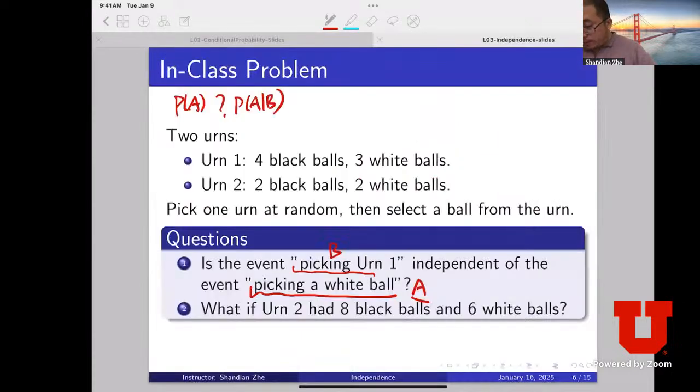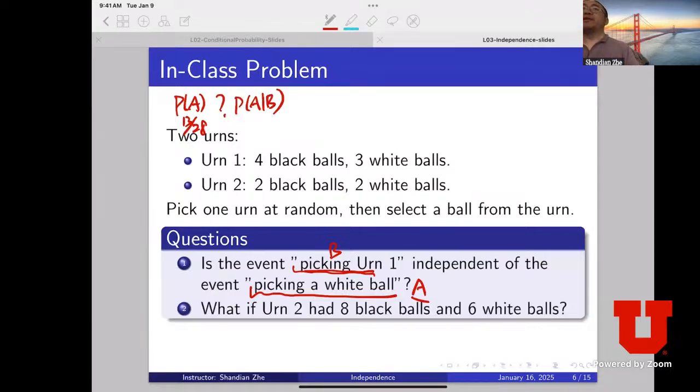So let's just jot down 13 over 28. Then we need to check what is the conditional probability of A given B. B means that I pick N1. So conditional probability of A given B means, condition on the case that you pick N1, then you select a Y ball.